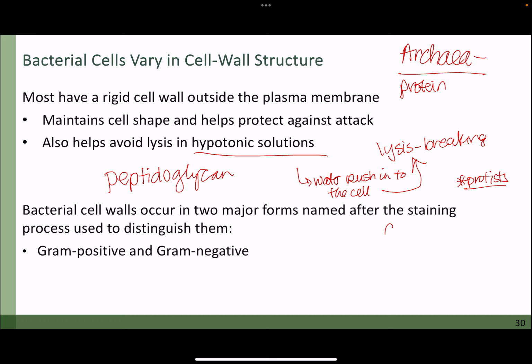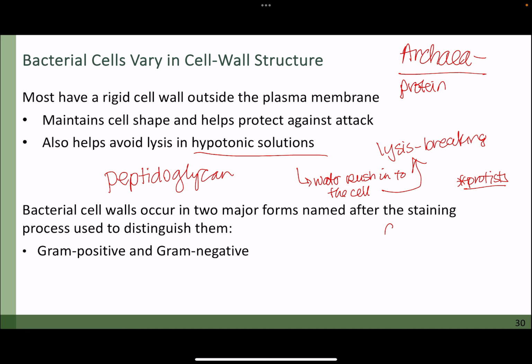So there are two different types of cell walls. The first type is what we would call a gram-positive stain. And this stain sticks to the bacteria because they have a really, really thick layer of peptidoglycan. That's the molecule that makes up the cell wall.